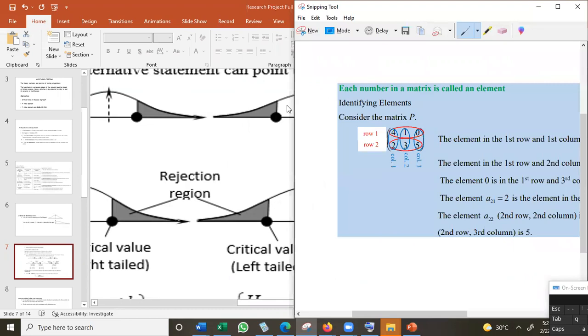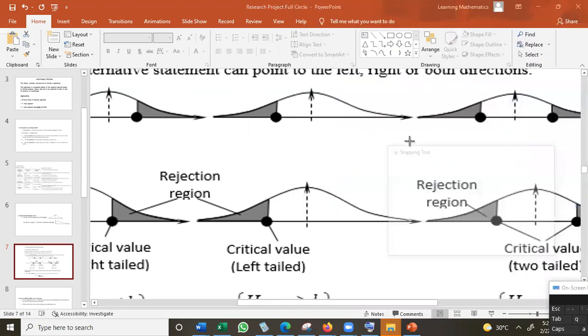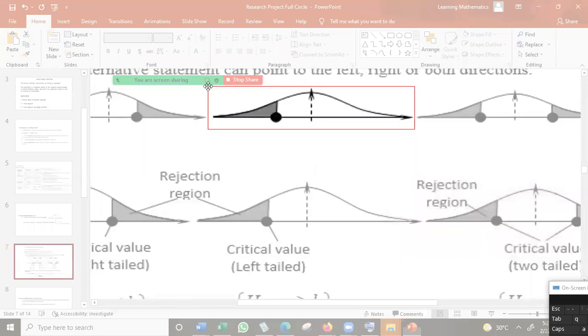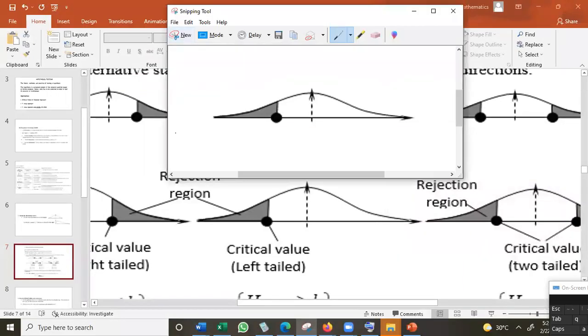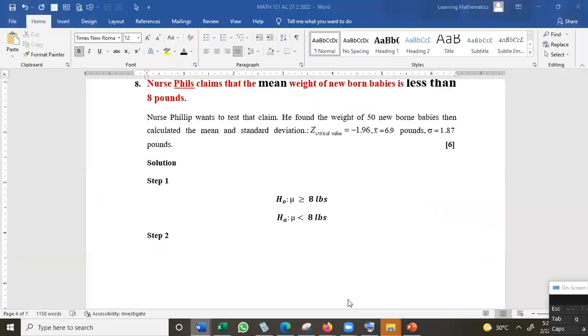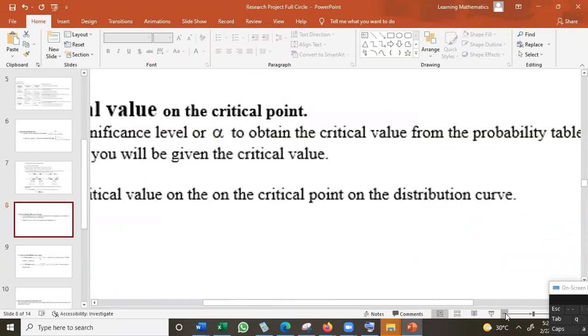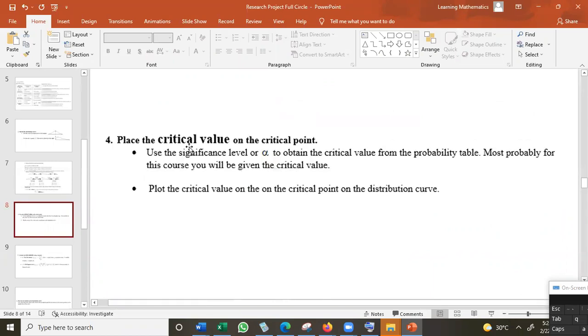There it is, normal curve with left tail. And that is step number 2 and 3 one time. Steps 2, 3, and 4, because step number 4 now, you have to put a critical value on the critical point. So let's do 2, 3, and 4.